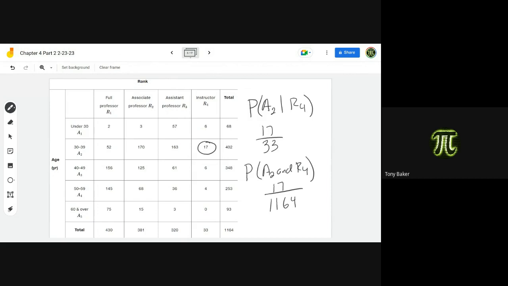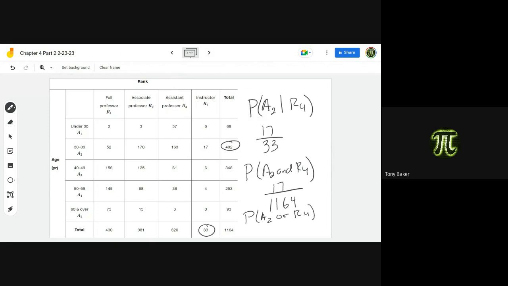If I said A2 or R4, now we're looking at those numbers, because that's the or.